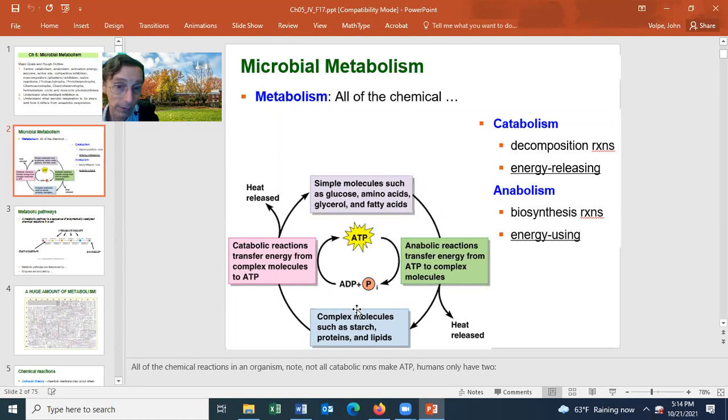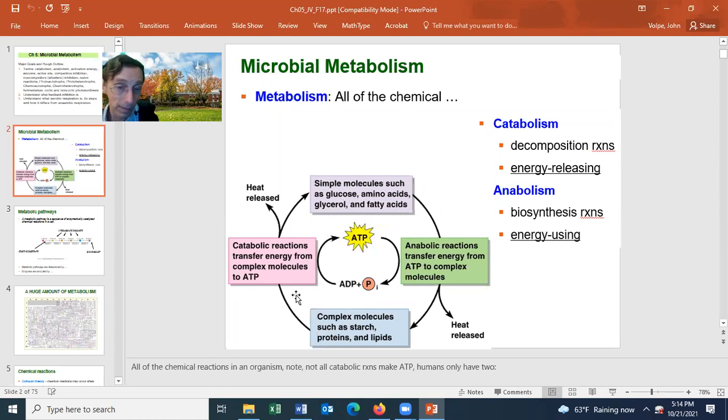Even in green plants, which are much more efficient at making ATP, meaning they have more catabolic reactions to make ATP than our cells have, they're not very good at it. Only a few catabolic reactions can make ATP.